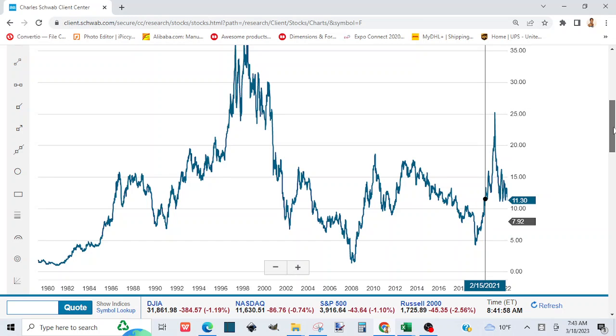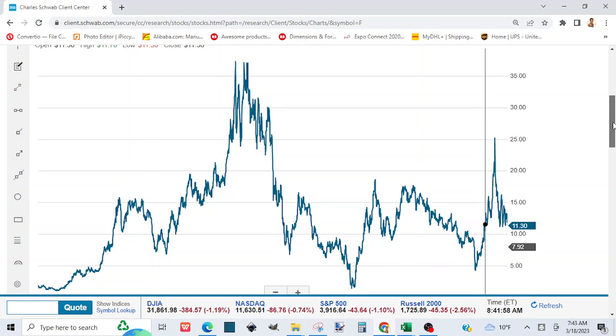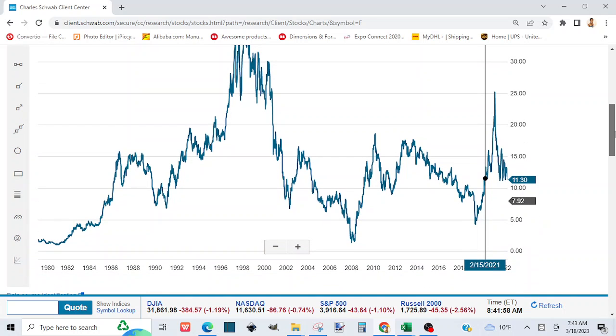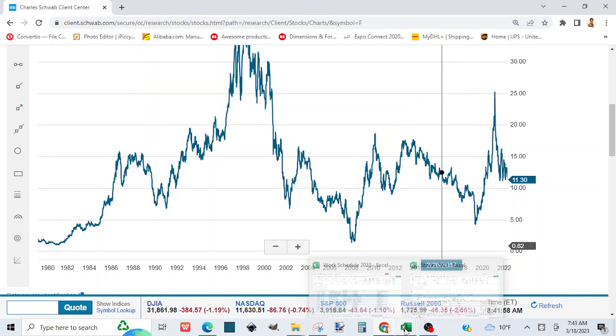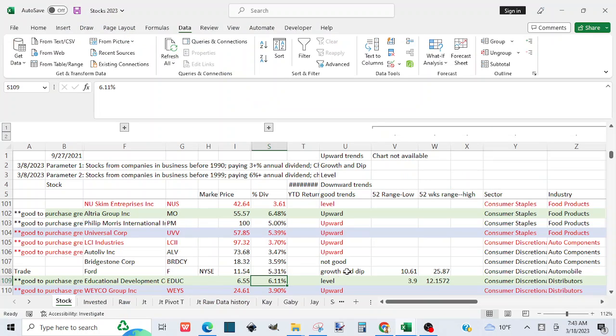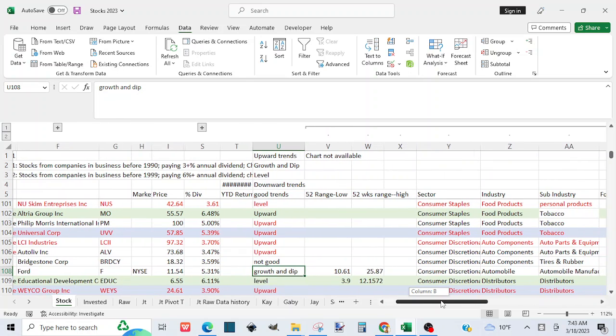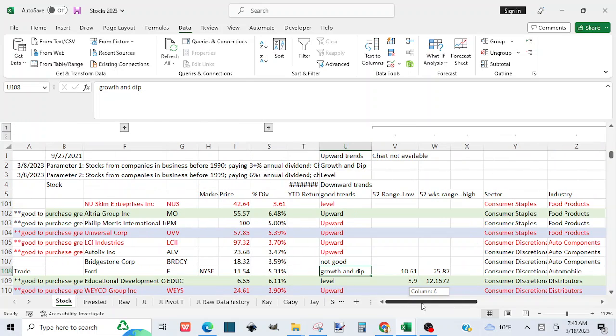But it is a company that goes up, way up, and way down. So I have a terminology to name those, and that's growth and dip. But again, you can name yours whatever works for you.